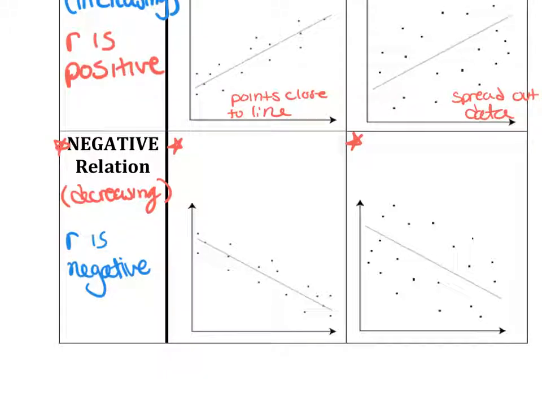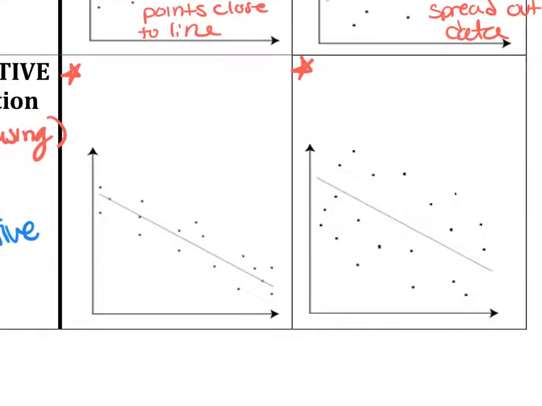Okay, so if you notice, both of our scatter plots here, both of the lines are decreasing. They have a negative slope because we have that negative relation. And just like with our strong positive one, with our strong negative one, our data points are close to the line. They're just decreasing, which is why it's negative.